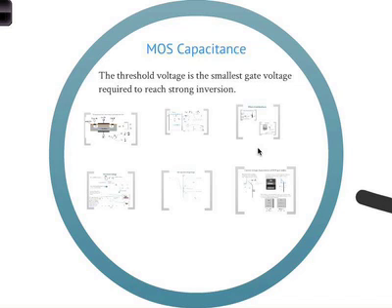So, as I said before, the threshold voltage is the smallest gate voltage required to reach strong inversion. It is the onset of the channel, and this is the point where the drain current will flow. So another way to think about this is if I plot the input voltage, the control voltage, Vg, as a function of the output, which is the current ID.